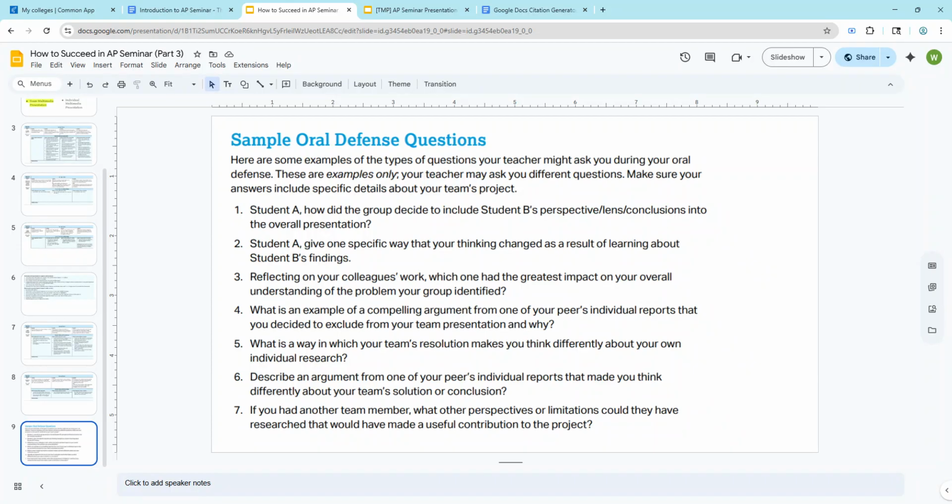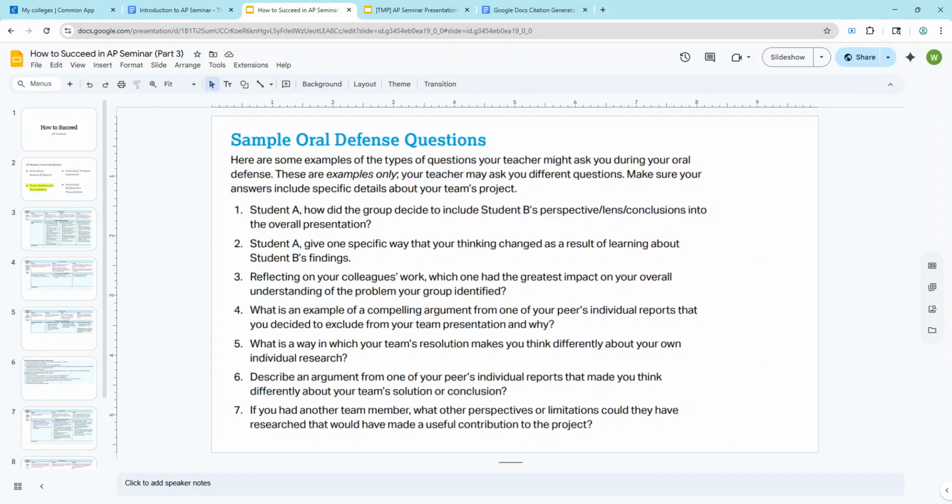You want to make sure you actually know about each other's topic in depth, which is why you don't want a team that isn't passionate about the topic, or a team that fools around. And you should be on task as well, because there will be checkpoints throughout this entire course that your teacher will be doing and is mandated to do.